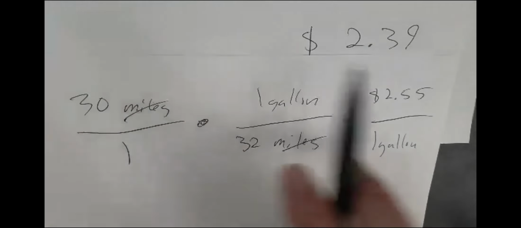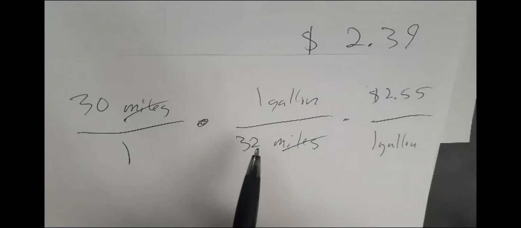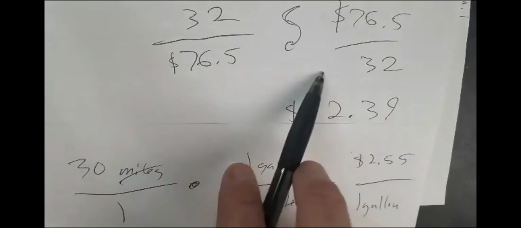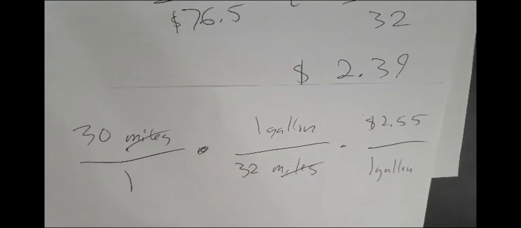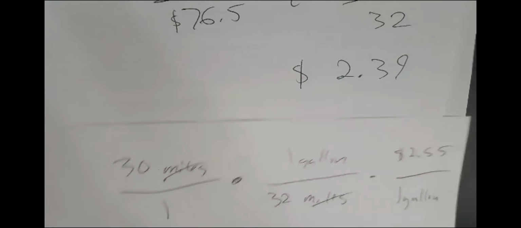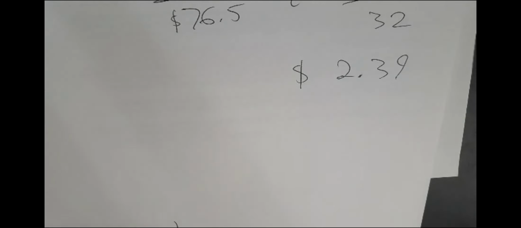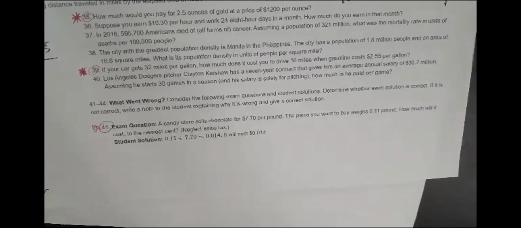So we would have 30 times 2.55 on top, and then the 32 on the bottom, which would give us back to this thing. So even if you arrange things backwards or upside down, you can still salvage your problem if you just work smarter, not harder. Your units will tell you what you did, to some degree.